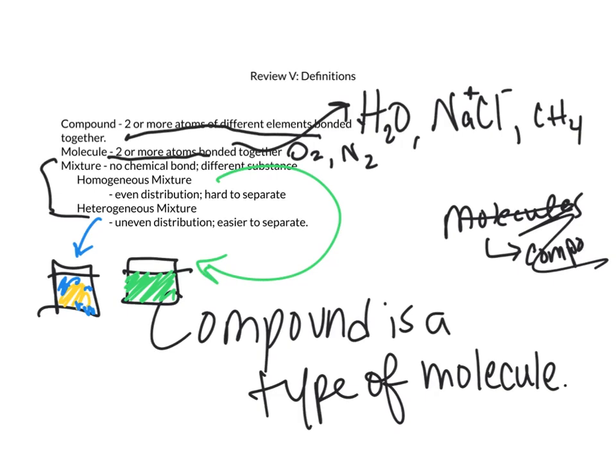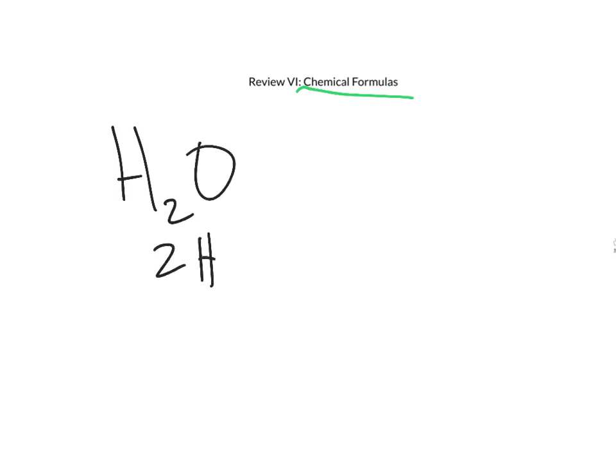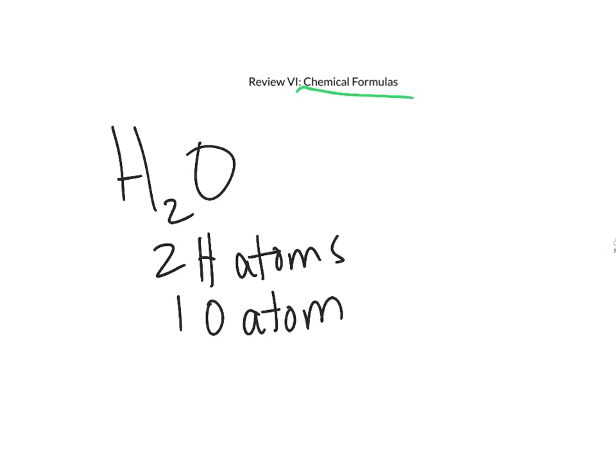It's all mixed together. All right, the final thing that you need to make sure that you know is how to figure out those chemical formulas. Let me use black instead. So chemical formulas. For example, H2O. What I'm saying there is I have 2 hydrogen atoms and I have 1 oxygen atom. Okay? If I write another chemical formula, C6H12O6, that is also telling you how many atoms are in there.